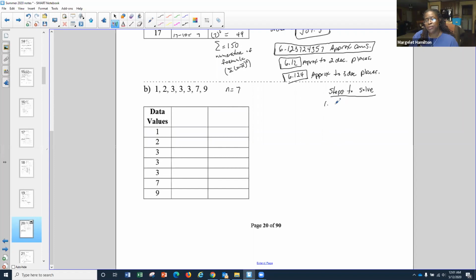Number 1, find n. Step 2, solve for your mean.